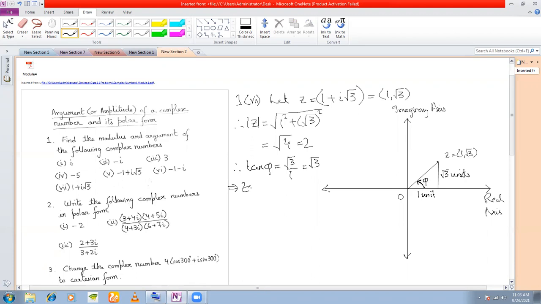The value of tan is tan pi by 3. That means this angle here is pi by 3. Because this angle phi will be equal to the argument in the first and second quadrant, we say argument of z is equal to phi is equal to pi by 3.